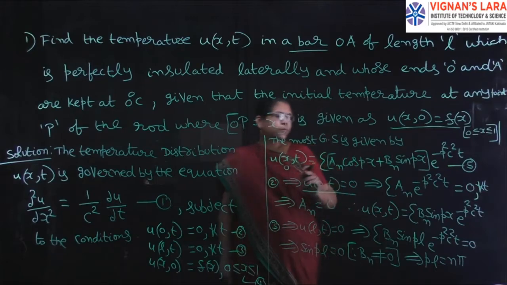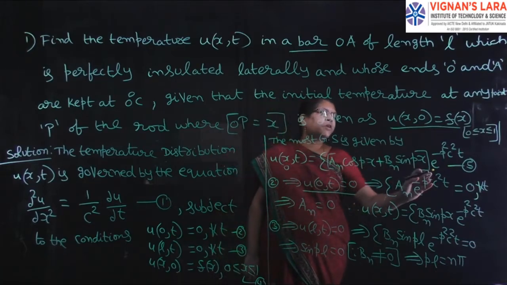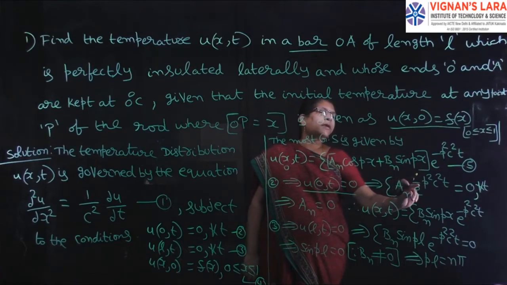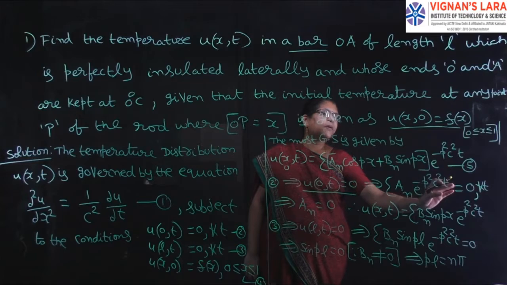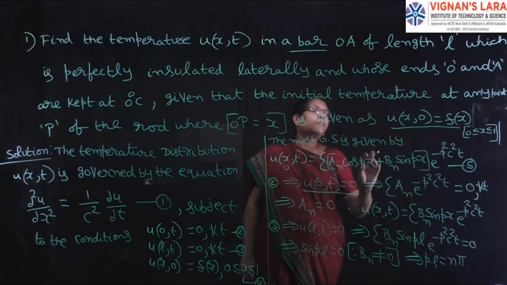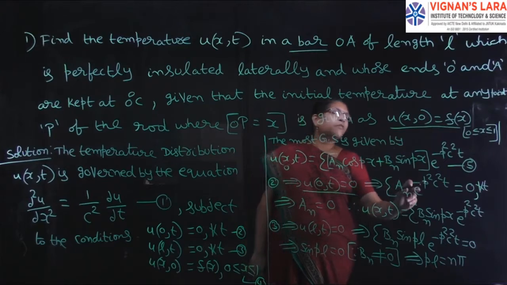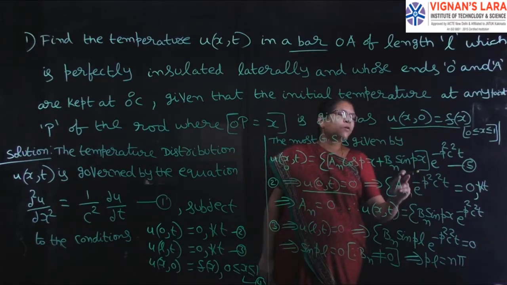Now, if the summation has to be 0, then each and every term in the summation must be 0. So, an e^(-p² c² t) must be 0. Product will be 0 if any factor is 0. e^(-p² c² t) will never be 0 because it is an exponential function.